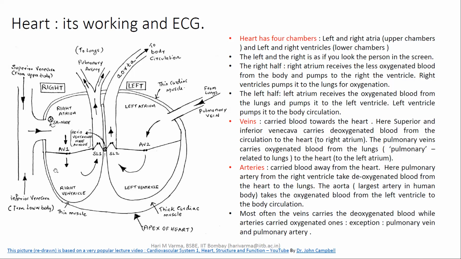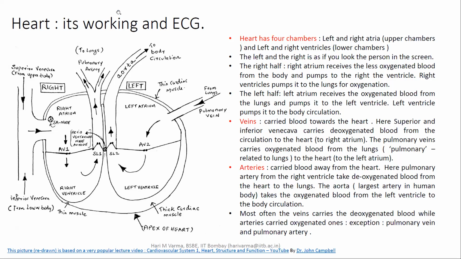And then what does the right ventricle do? It will push this blood so that SL1 will open, and all this blood goes to the lungs. Pulmonary means it has something to do with lungs. So this is the pulmonary artery, meaning this blood is taken from the heart through this pulmonary artery to the lungs. And in the lungs, it will get oxygenated.